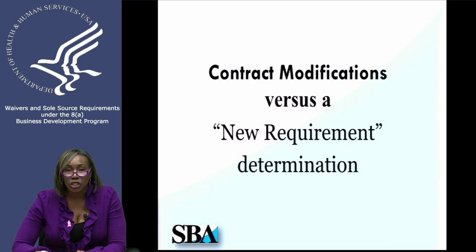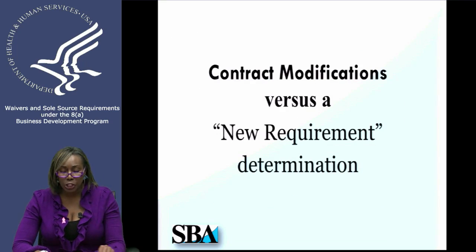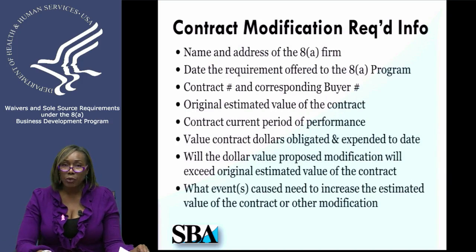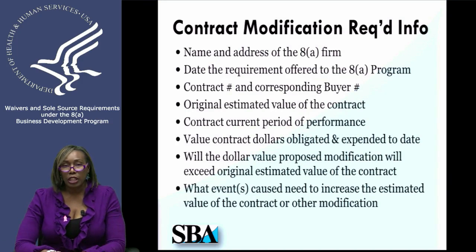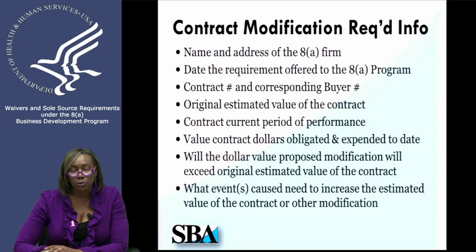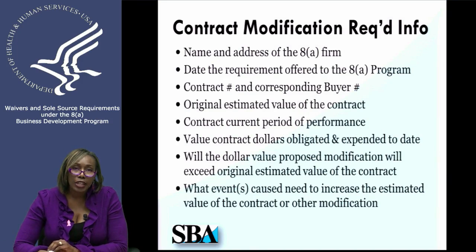Contract modifications versus new requirement determination. Here we're going to talk about, so often you'll come to us, you've put a contract in place and you want to modify that contract.